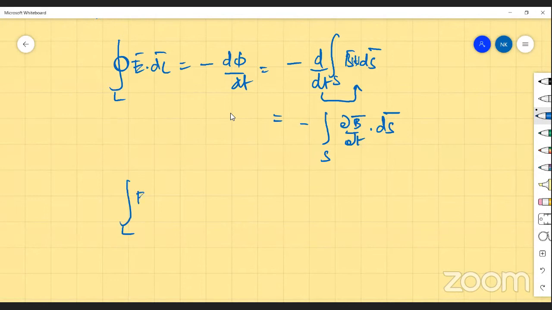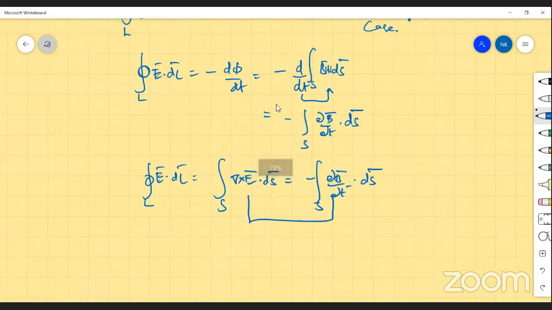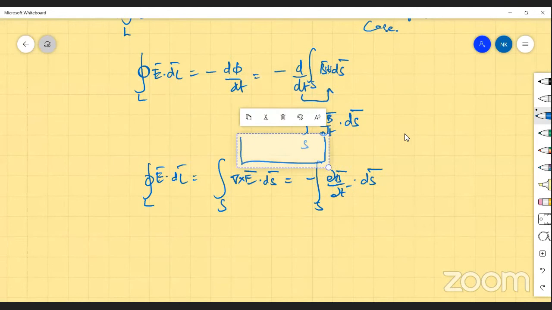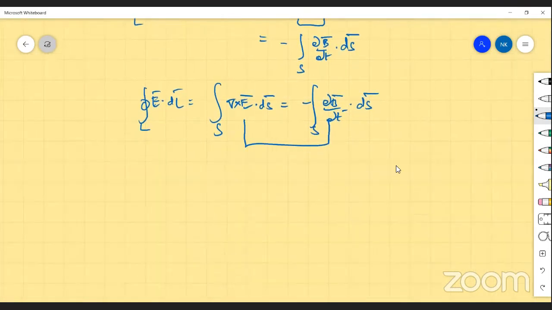So the closed line integral E bar dot dl bar. Apply Stokes theorem: the open surface integral of del cross E bar dot ds bar equals the surface integral of minus dou B bar by dou t dot ds bar. If we equate this, what do you get?